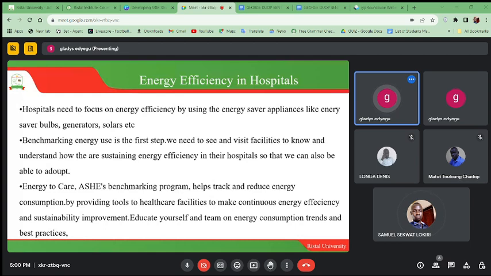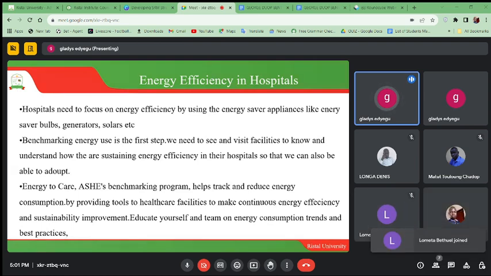This program basically helps to track and reduce energy consumption by providing tools to healthcare facilities to make continuous energy efficiency and sustainability improvement. In this way, you're able to educate yourself and your team on energy consumption trends and best practices. What it is trying to tell us at this point is that we can benchmark other facilities and see how they use their power, how they reduce the cost of power, and in that way we can also learn from them.